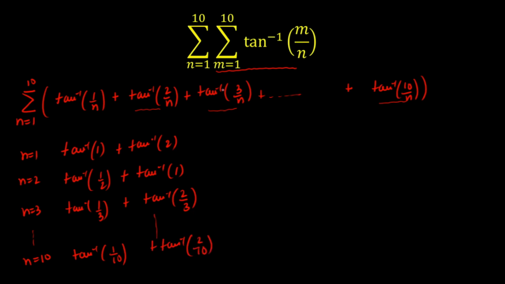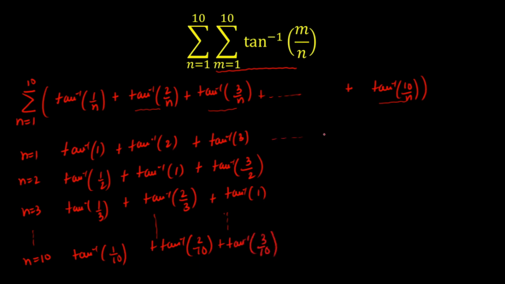Now corresponding to tan inverse 3 by n, if I put n equal to 1 to 10, again I'll get 10 terms. So I'm going to write them here: tan inverse of 3 if I put 1, next is tan inverse of 3 divided by 2, similarly the third term is 3 by 3, that is 1, and so on. It will move on up to tan inverse of 3 by 10.